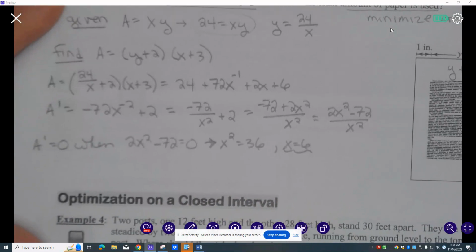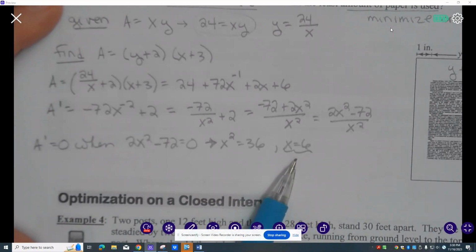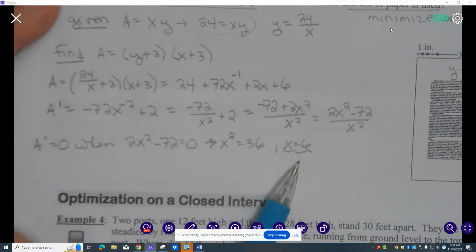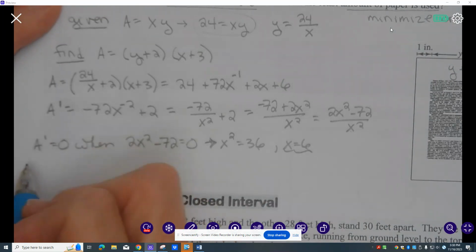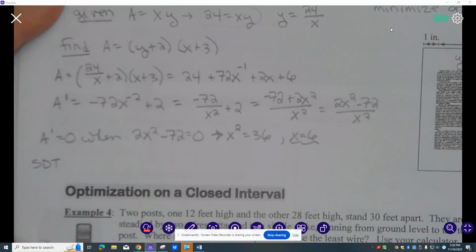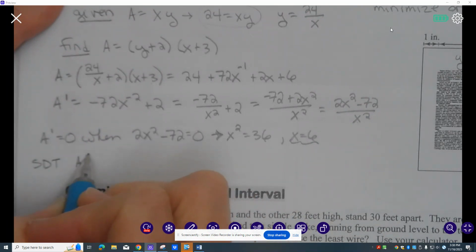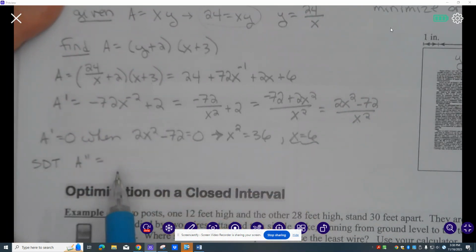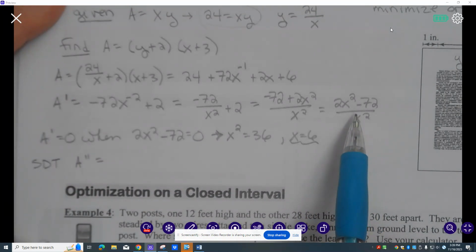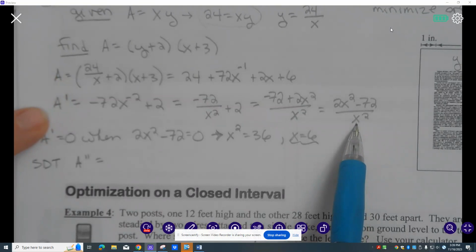All right, we need to establish if that is a min or a max, because remember we're trying to minimize. So I'm going to use the second derivative test, which I'm going to abbreviate as SDT. So find the second derivative. Where is my first derivative? Right here.